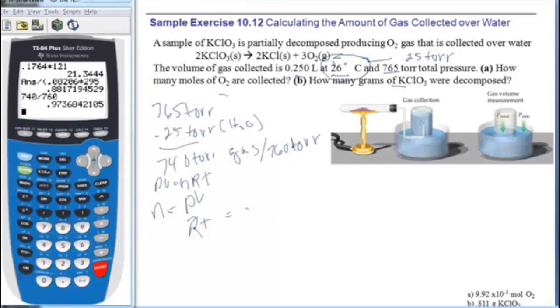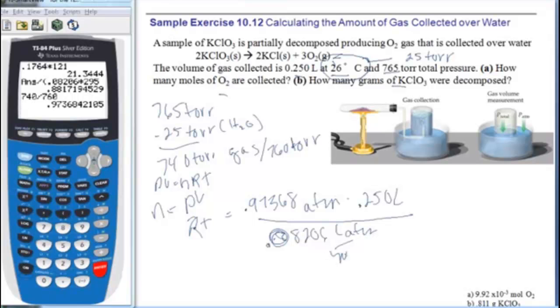I'm going to leave a bunch of sig figs, right, because we don't round until the end. That's atm. My volume is 0.250 liters over R, which is 0.08206 liters atmospheres over moles K, times my T, and T is 26 degrees C, so that's going to be 299 K.